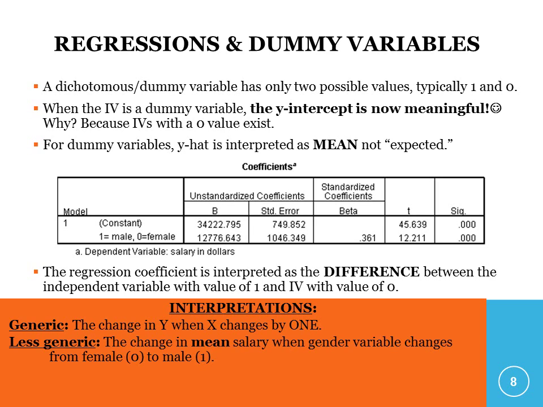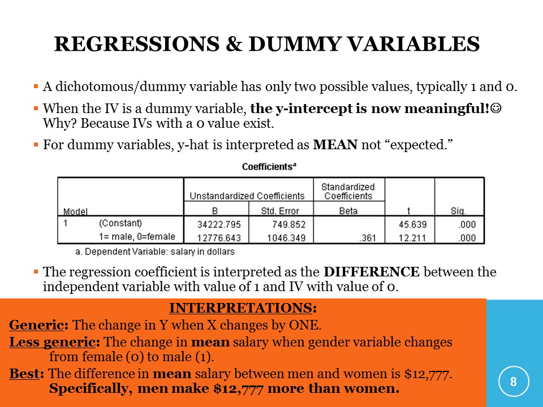And less generic, the change in mean salary when gender variable changes from female, 0, to male, value of 1. And the best way to say this in layman's terms is the difference in mean salary between men and women is $12,777. Okay, specifically men make about that much more than females.